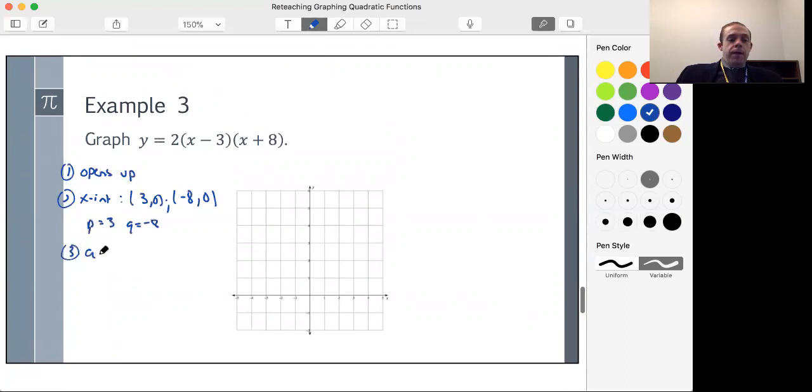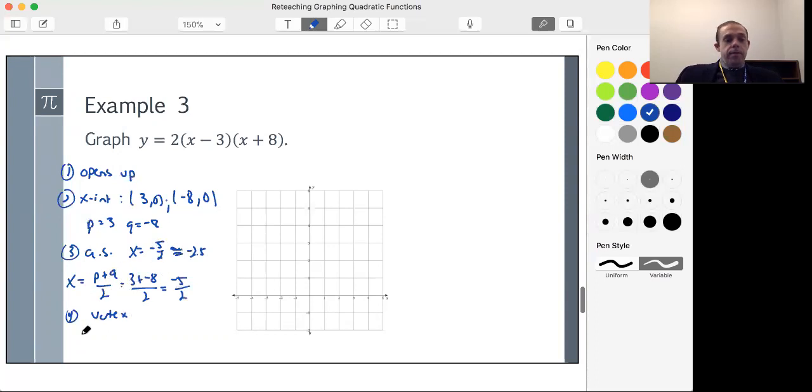Step 3, we find the axis of symmetry. So x equals P plus Q over 2, 3 plus -8 over 2. So we get -5 over 2. So your axis of symmetry is x equals -5/2, or -2.5.